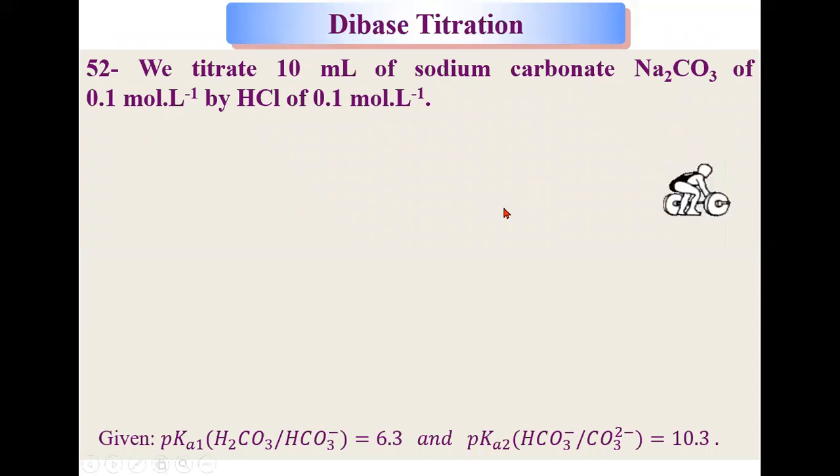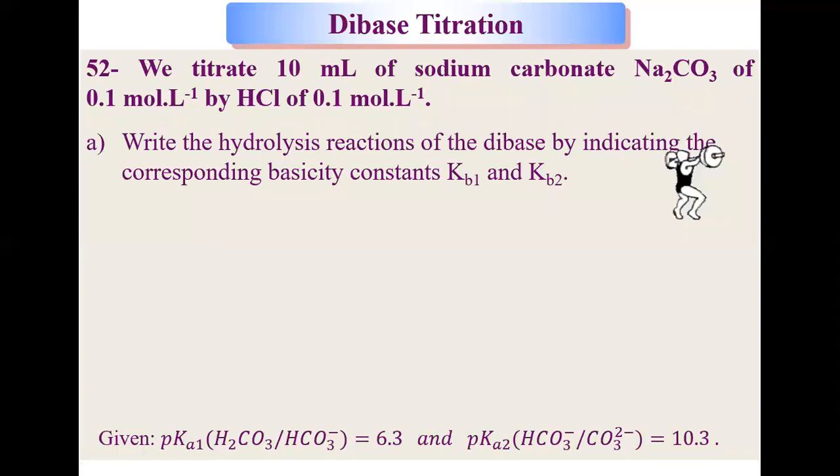So number 52. 52 is an example of a dibase titration. Okay, we titrate 10 milliliters of sodium bicarbonate. Now this is the salt of the diacid carbonate, CO3 2-. We remove the spectator ion sodium. It has the concentration of 0.1 molar, and it's titrated by HCl, which is also of the same concentration, 0.1 molar.